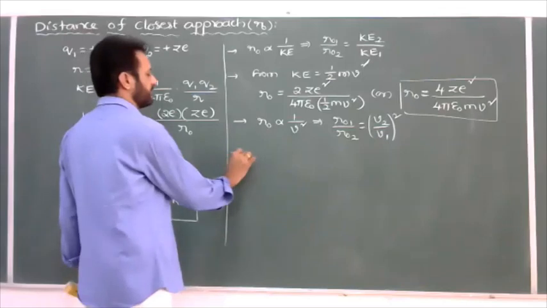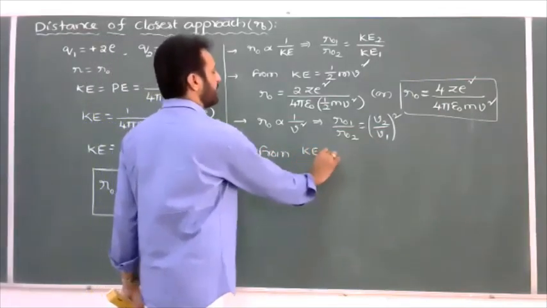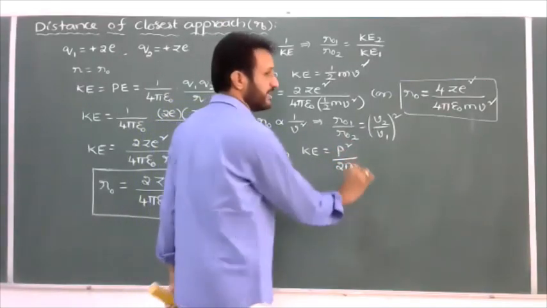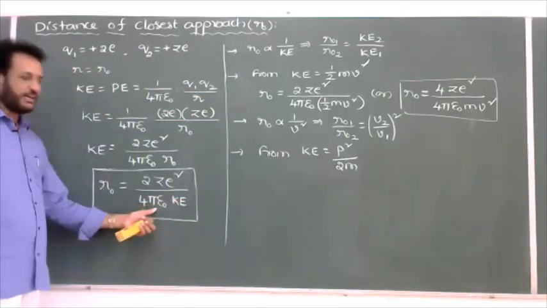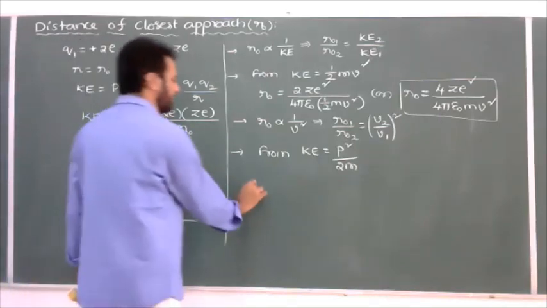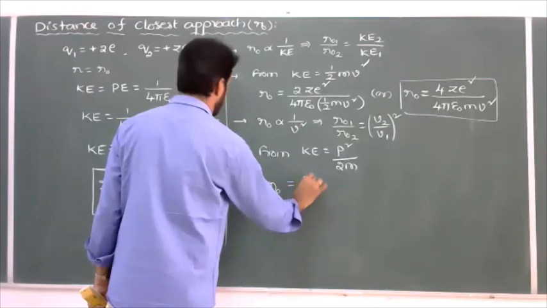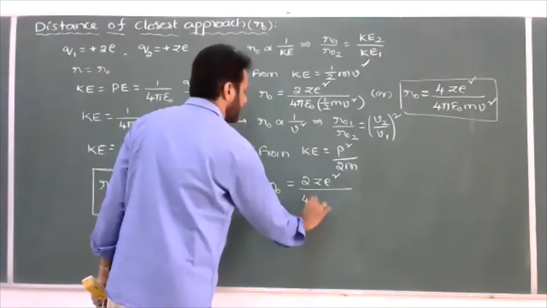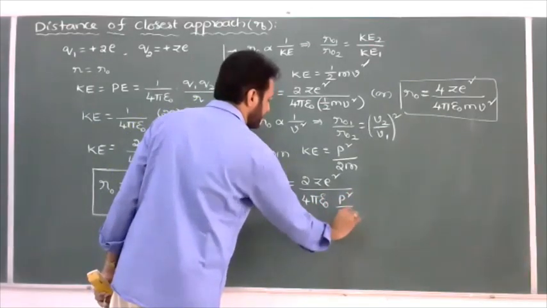Next, one more formula. From the formula, KE is equal to P square by 2m, where P is momentum, linear momentum, the product of mass and velocity. In this basic formula, I'll substitute KE is equal to P square by 2m. Therefore, distance of the closest approach is equal to 2 into Ze square by 4 pi epsilon naught into KE, which is P square by 2m.